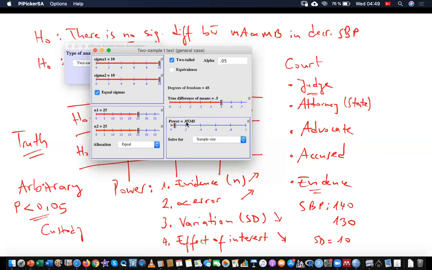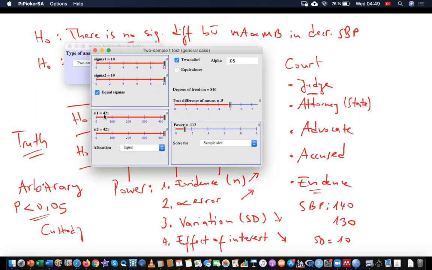You see the power here is now 0.05, 5%, very low power. This is not acceptable. We need a power of at least 80%. Now I'm increasing my sample size. As I increase my sample size, my power will increase.